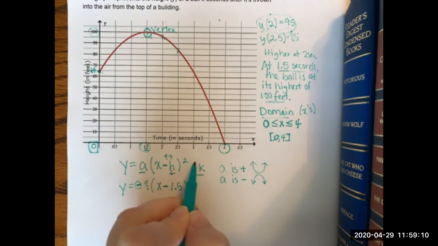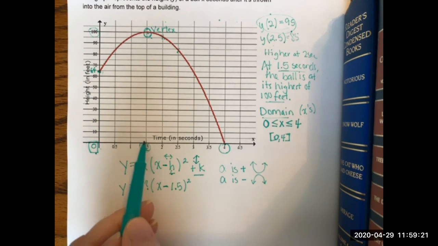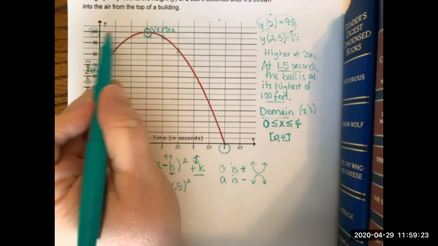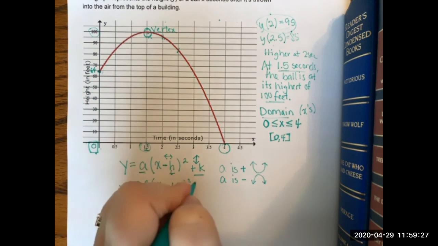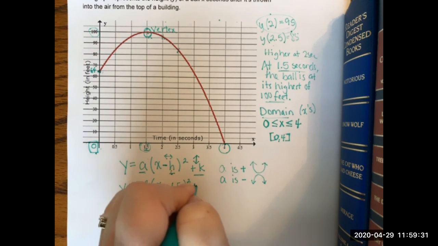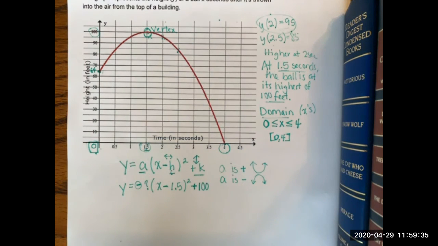The k is our vertical shift. How far did we move the vertex up or down from this 0, 0? Well, after we moved it over here, we moved it way up here. We said it went up to 100. And so that means that we're going to have a plus, sorry about the dog, a plus 100 because it went up 100.